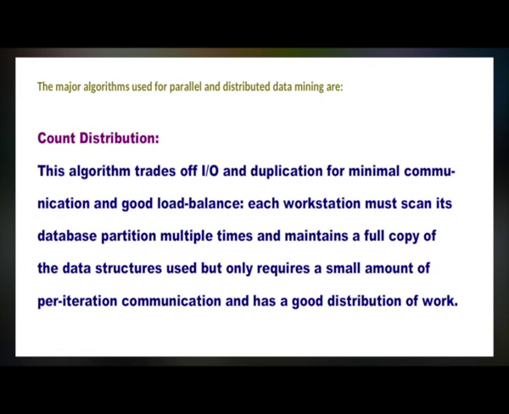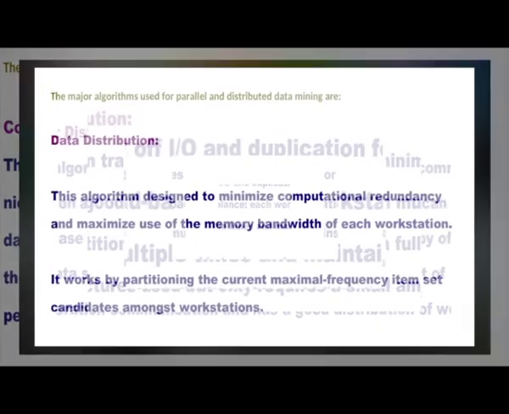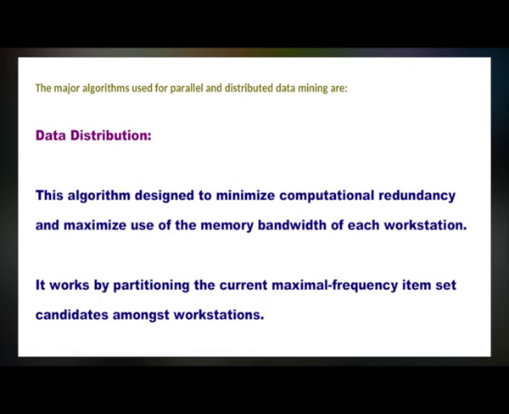Each workstation must scan its database partition multiple times and maintain a full copy of the data structures used, but only requires a small amount of per-iteration communication and has a good distribution of work. The next algorithm we will see now is data distribution. This algorithm is designed to minimize computational redundancy and maximize the use of the memory bandwidth of each workstation.